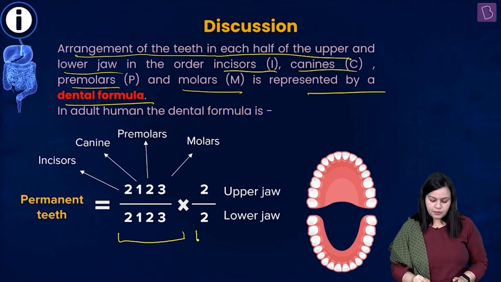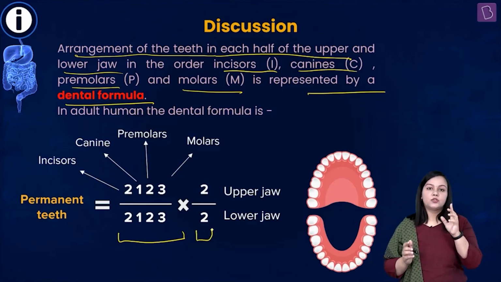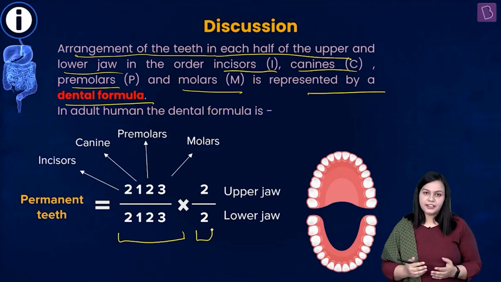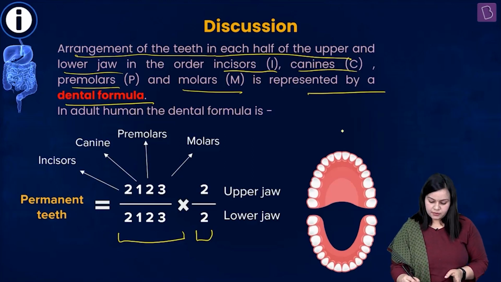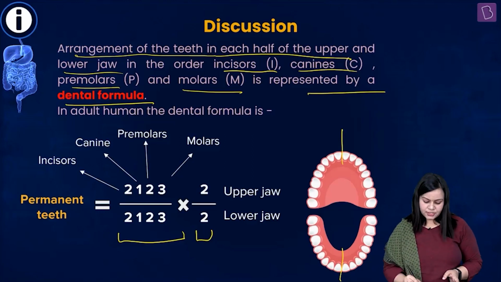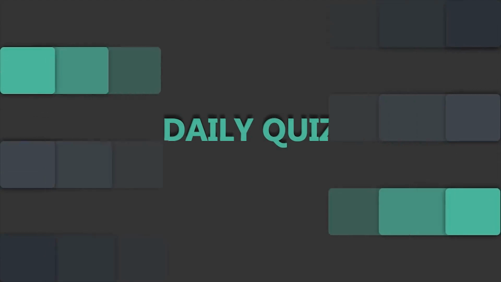We have multiplied it by 2 here just to tell you that the second half is going to be identical to the first half that we have considered in the dental formula. When I'm saying half, I'm basically talking about this line of division. So what is the right answer for this question? It's going to be option C.